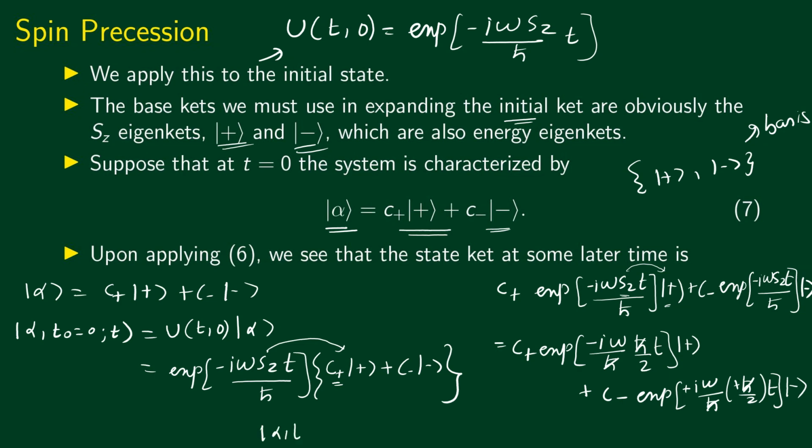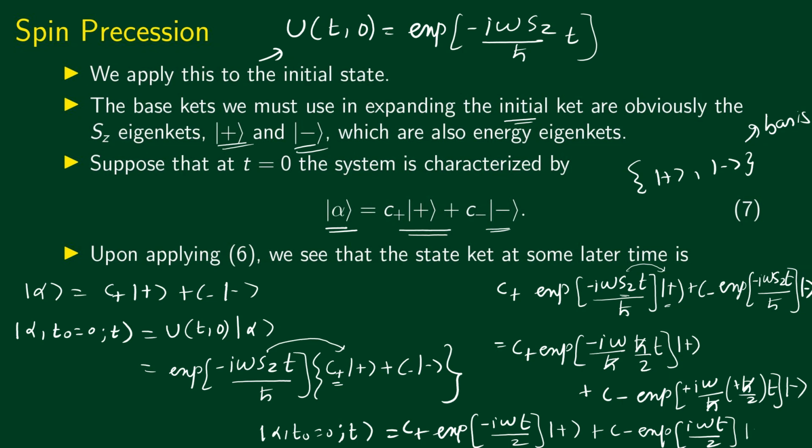So this now has the form: ket alpha, t0 = 0, at time t is equal to c plus exp(-iωt/2) multiplied by ket plus, plus c minus exp(iωt/2) multiplied by ket minus. So this is the generic state at any later time, given the general initial state like this.